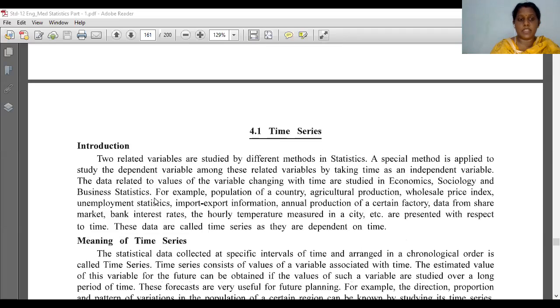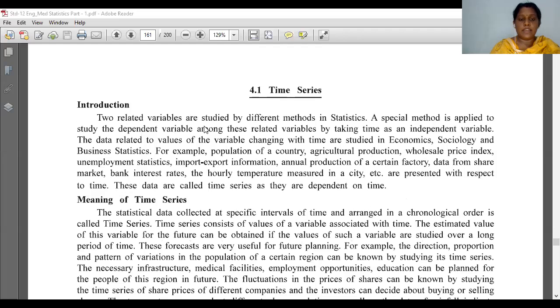What is time series? Two related variables, as I told you, x and y, same as in our previous chapters, are studied by different methods in statistics. A special method is applied to study the dependent variable among these related variables by taking time as an independent variable. Our independent variable is x and our dependent variable is y.